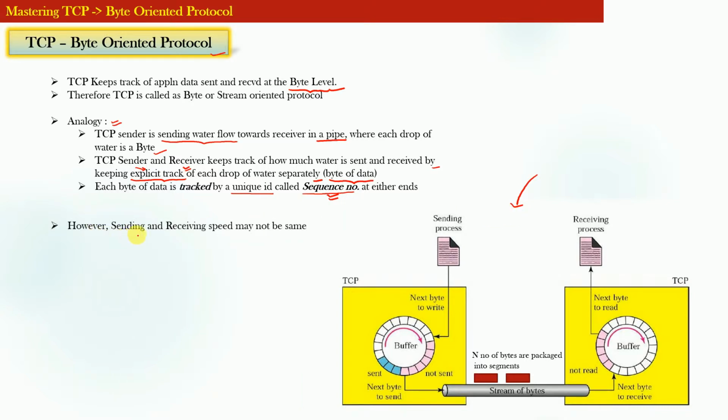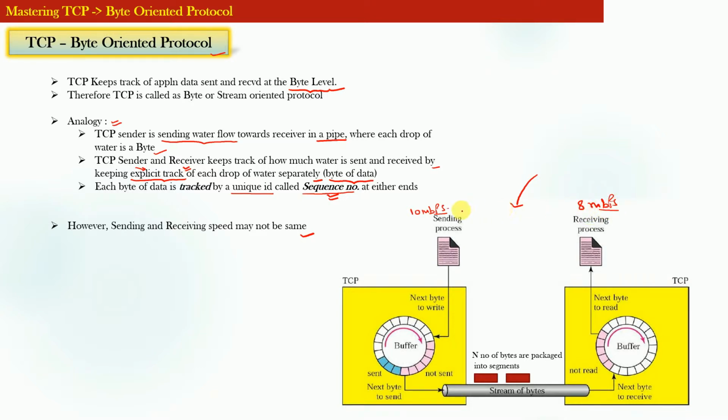However, the sending and the receiving side of a TCP may have different speeds, right? For example, the sending process is sending at the rate of 10 megabytes per second, whereas the receiving process is able to process the data at a maximum of 10 megabytes per second, right?